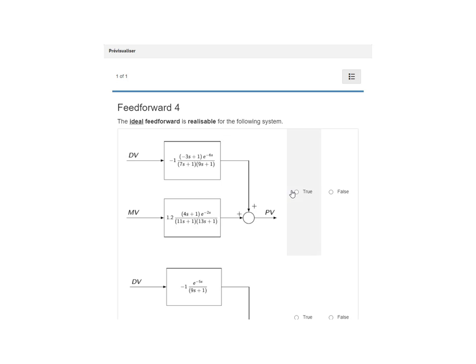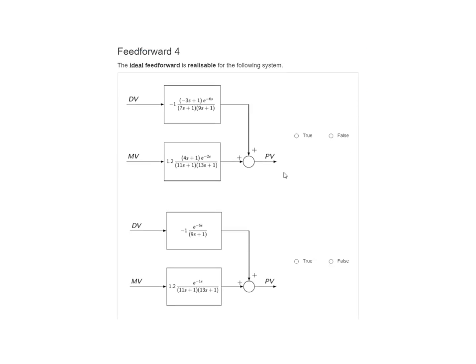And simply it's true or false. We'll go over the 5 questions, and then you should use the pause button, the rewind and forward buttons to answer the questions. Try to do this by yourself, of course.